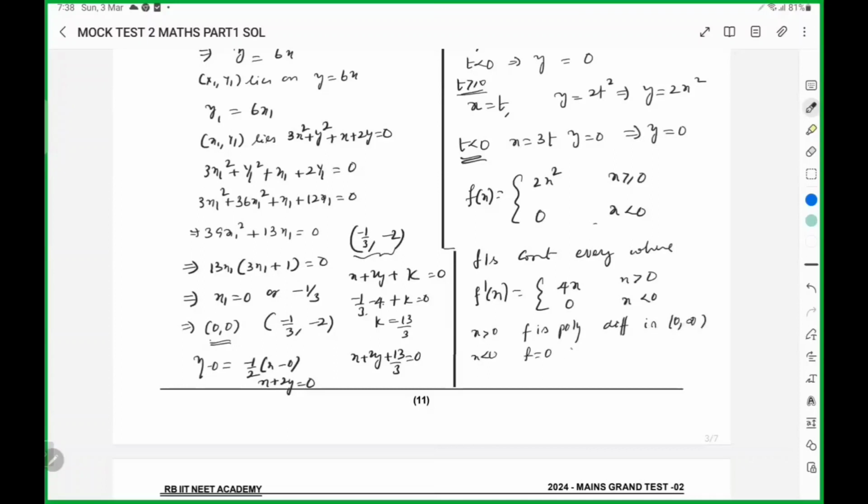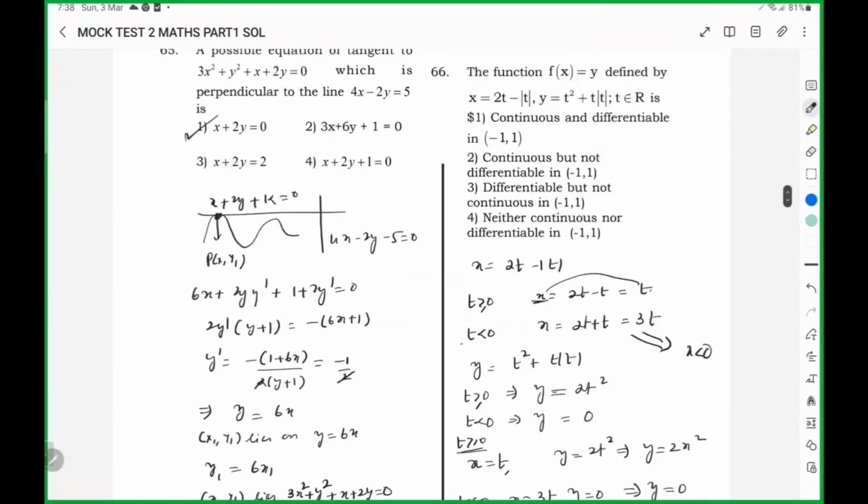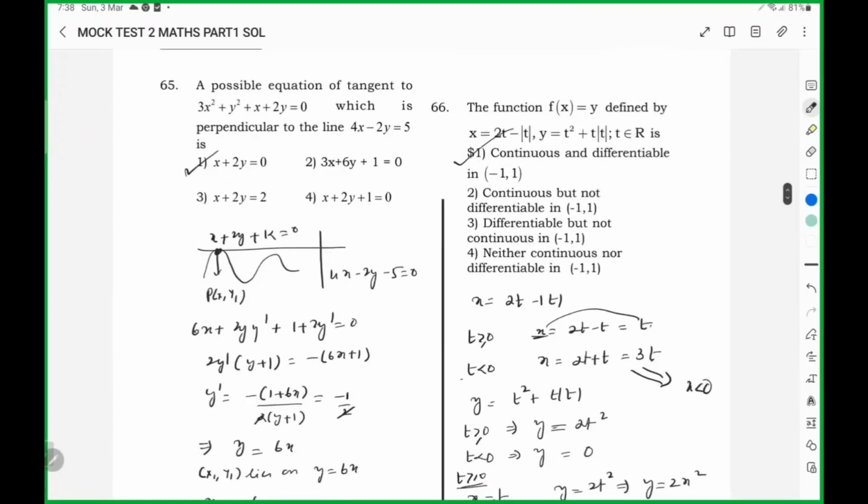For x less than 0, f is 0, constant, hence differentiable. Left hand derivative is 0, right hand derivative is 4 into 0. So f is differentiable at x equal to 0. So it is continuous and differentiable everywhere.